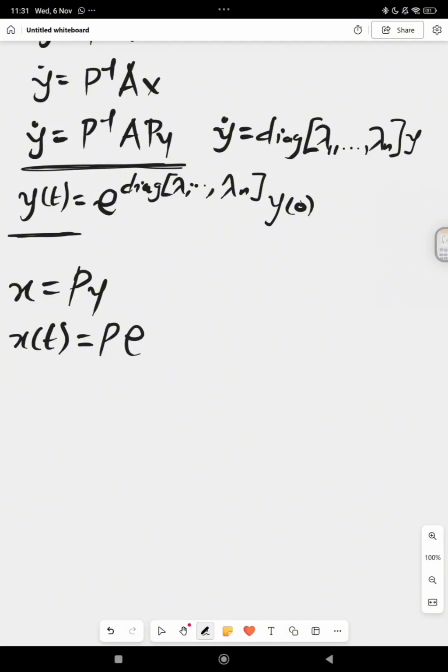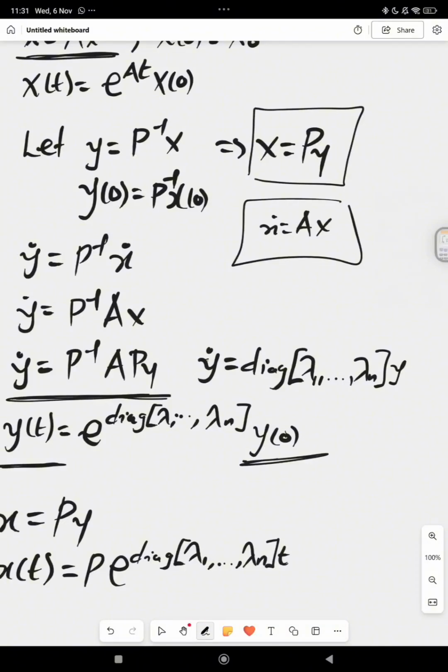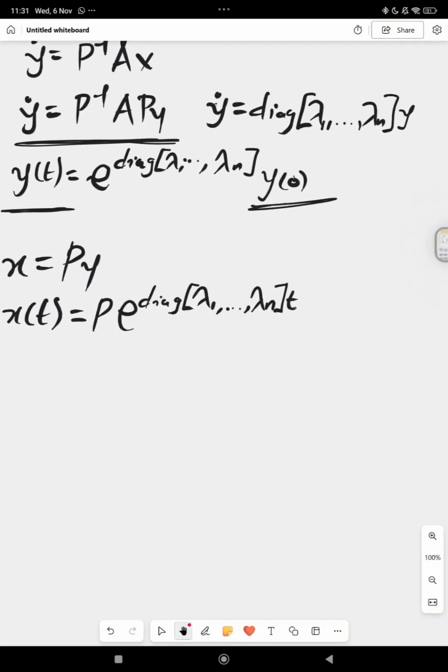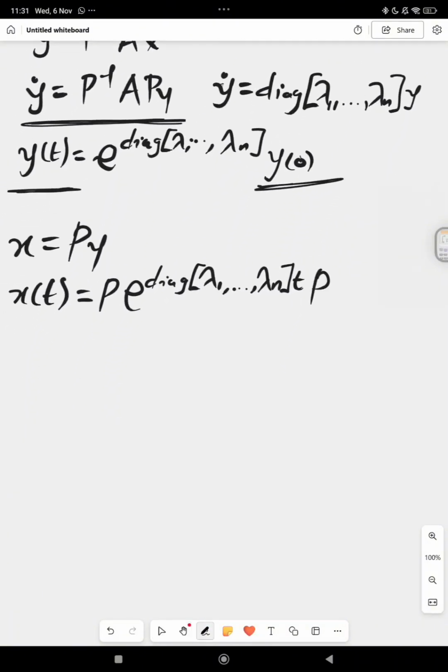So we have P, and y is given by this expression. We have e raised to the power the diagonal of lambda 1 up to lambda n multiplied by t, and we have y naught, which is given by P inverse x naught, which is the same as x of 0.